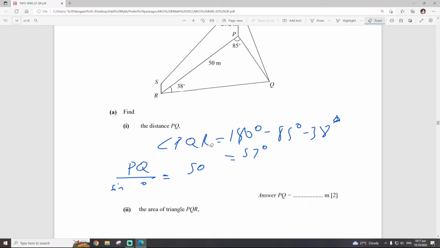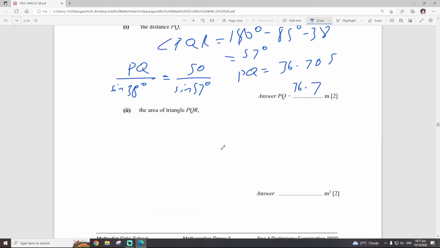PQ over sine 38 degrees, that's the opposite angle, equals 50 divided by sine 57 degrees. Okay, and then I can calculate. You will get PQ equals 36.705. So I'll put down 36.7 here, 3 SF.